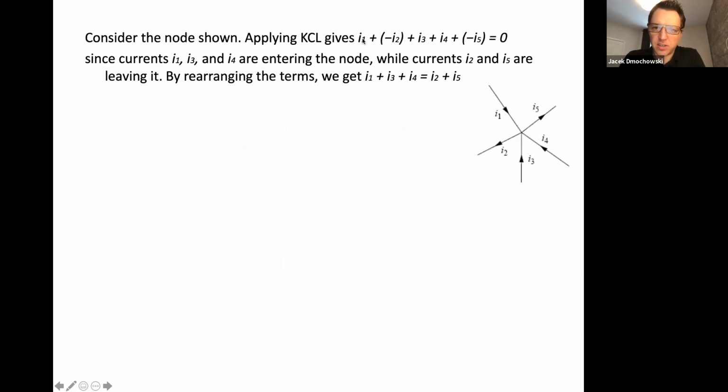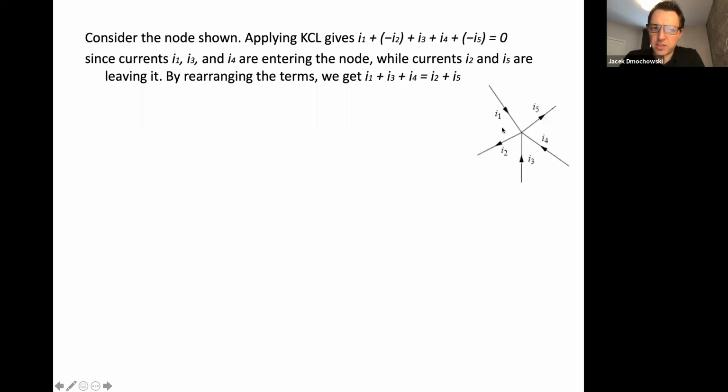For this picture, if we assign a positive sign to the currents entering the node, I1, I3, and I4, and a negative sign to the two branches exiting the node, then I1 minus I2 plus I3 plus I4 minus I5 is equal to 0. Again, this is equivalent to saying that I1 plus I3 plus I4 is equal to I2 plus I5.